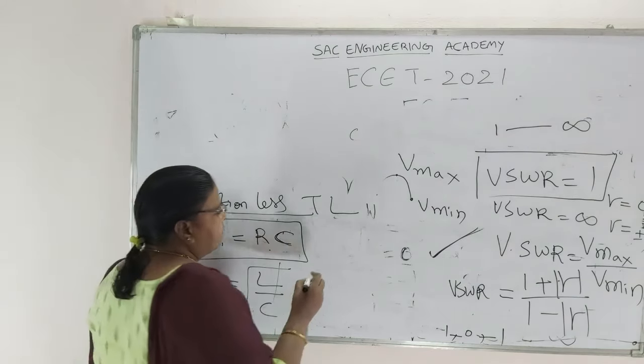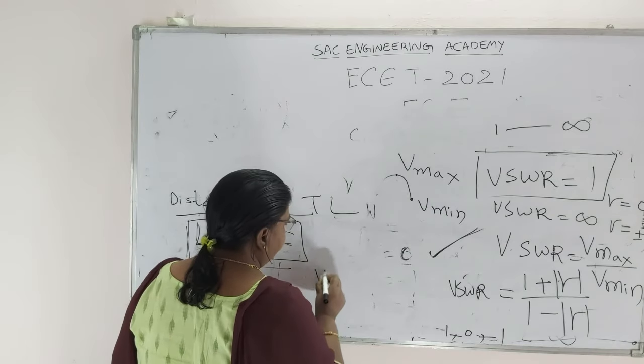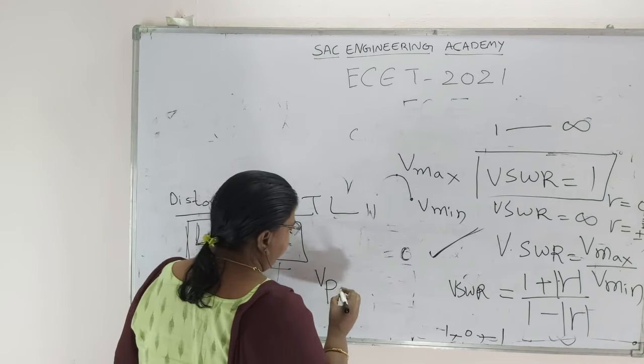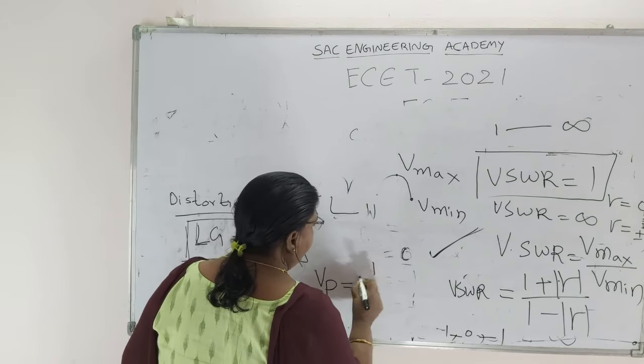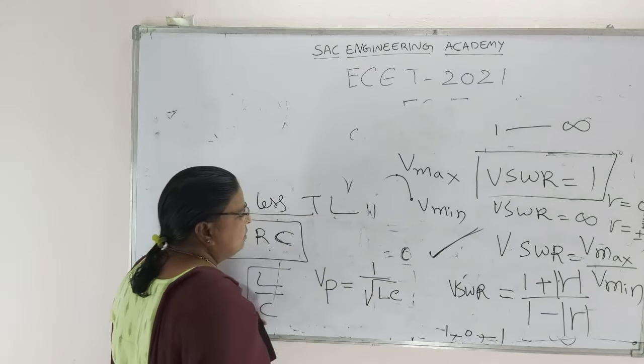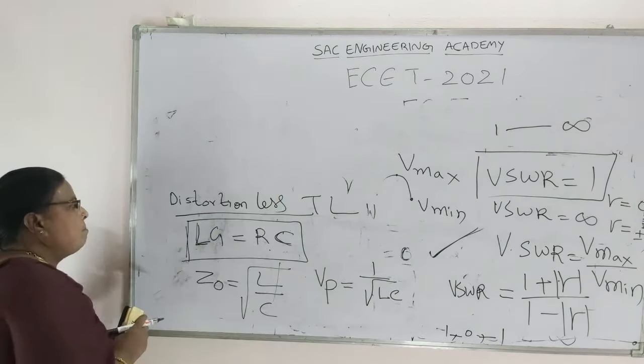Next, what is the propagation velocity? Propagation means the velocity with which the wave travels. It is 1 by root LC. This is the velocity.